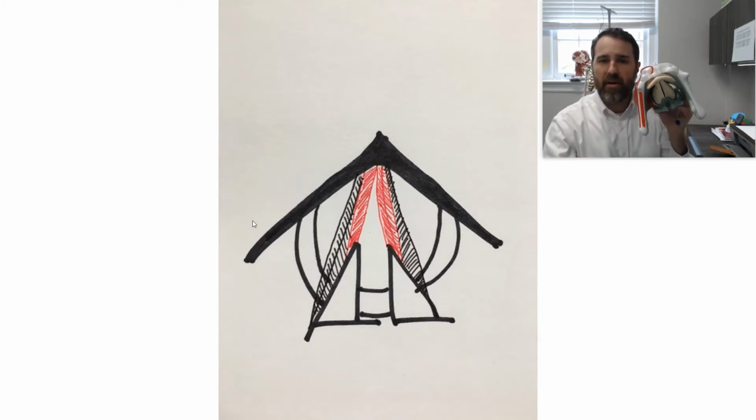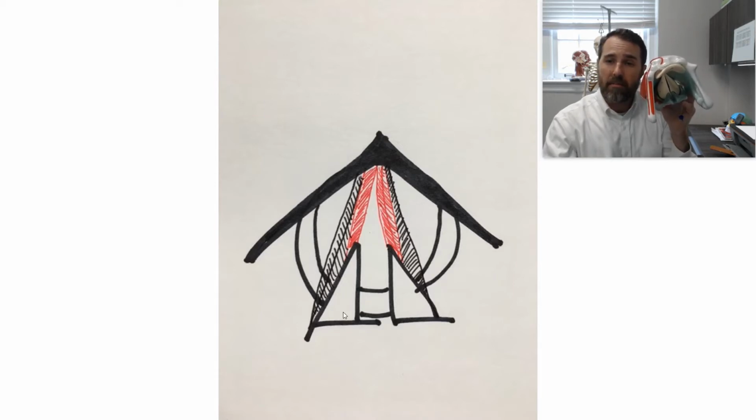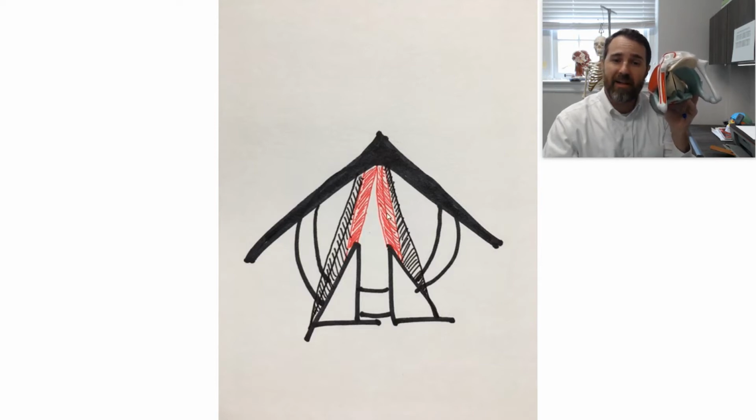You see that the vocal folds run from the back of the thyroid cartilage back to the arytenoids. And illustrated here are the two divisions of the thyroarytenoid muscles: the thyrovocalis, which is the one most in the middle, and to either side of the thyrovocalis, you have the thyromuscularis.